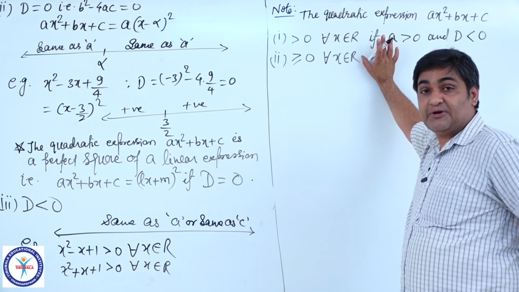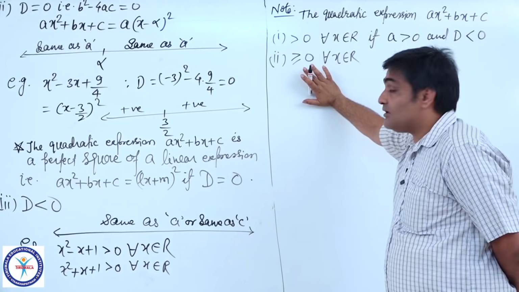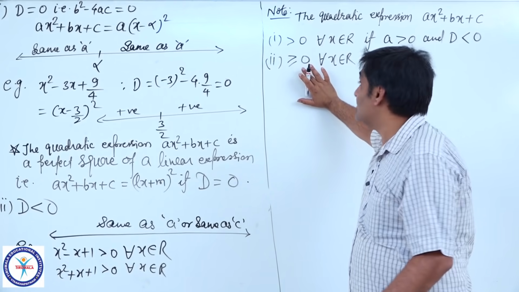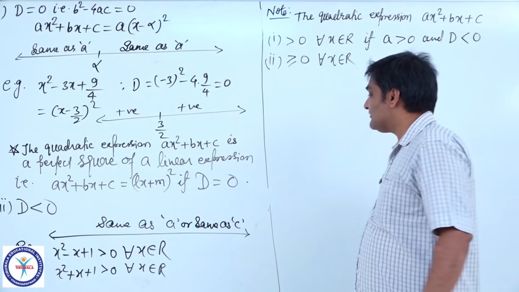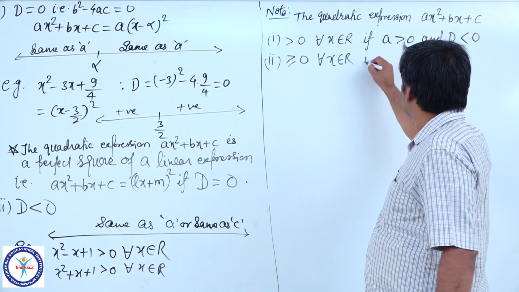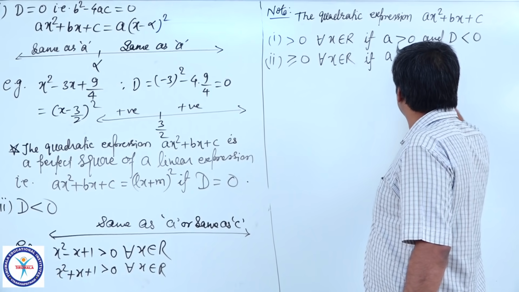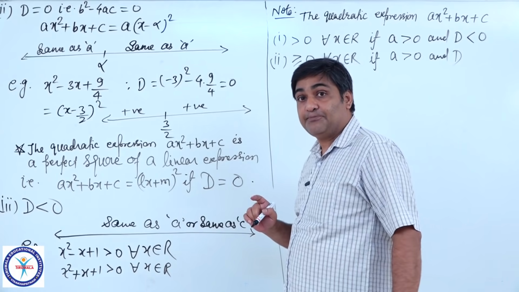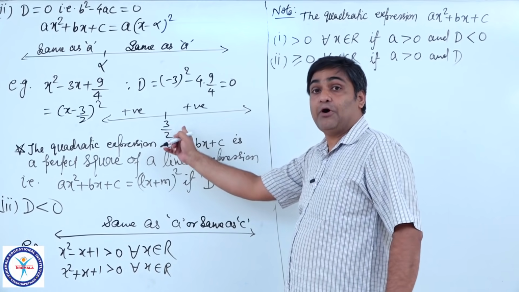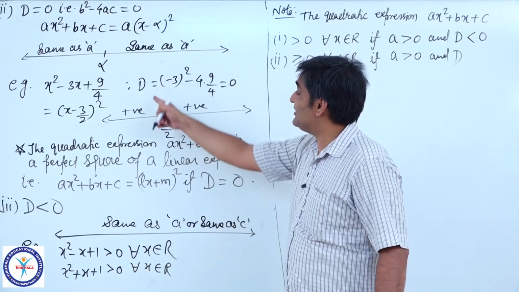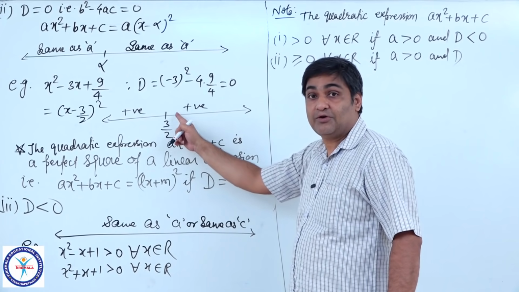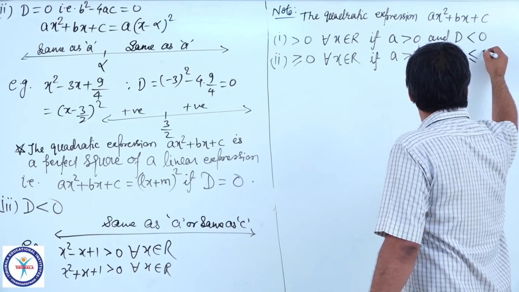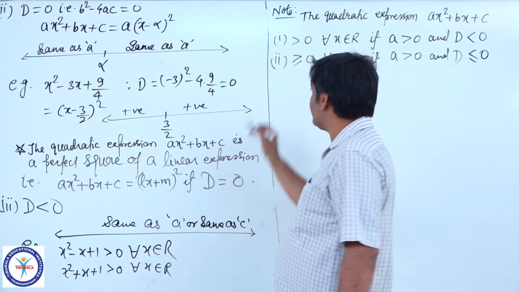Second, if we add equality sign also, these points are very much important. When the quadratic expression is either positive or equal to 0 for all real values of x, a greater than 0 and what about d? D less than 0 means always positive. And if d is also equal to 0, then expression is equal to 0 for one value. So we write here the equality sign. Okay.